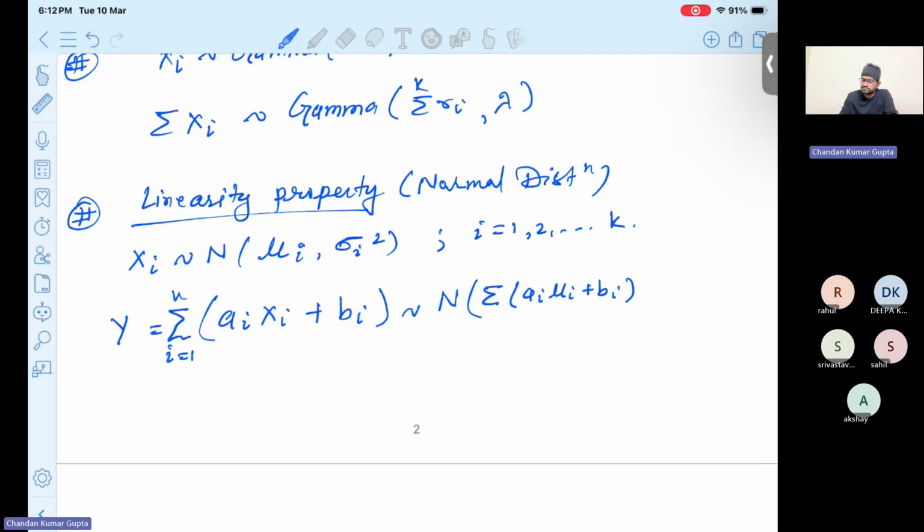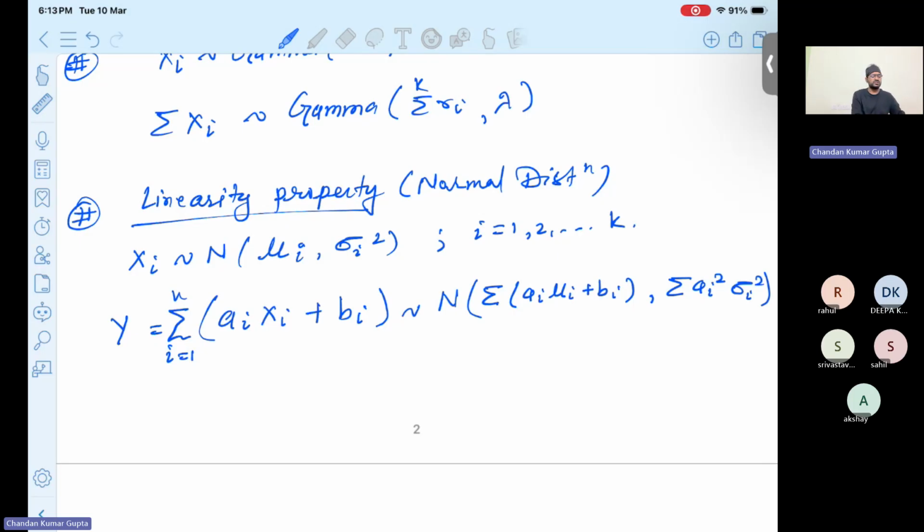So this is the mean value. And what is the variance? The variance is summation of ai square sigma i square, because we know the variance is independent of change of origin but depends on change of scale, and by square times, so ai square times sigma i square. So this is the linearity property of normal distribution.